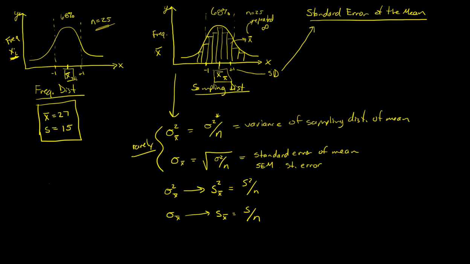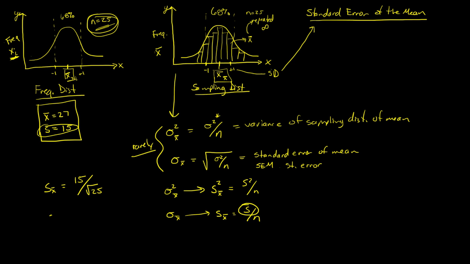Standard error of the mean then equals 15. Why? Because 15 is the standard deviation, right? Divided by the square root of 25, because we took this as an n of 25.